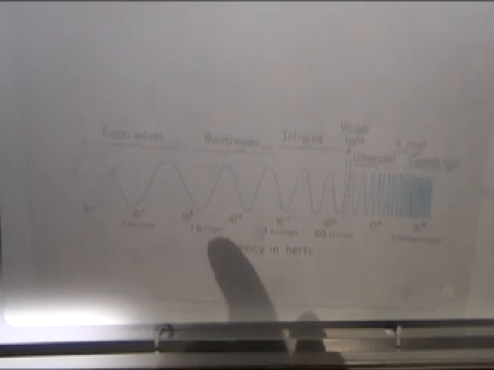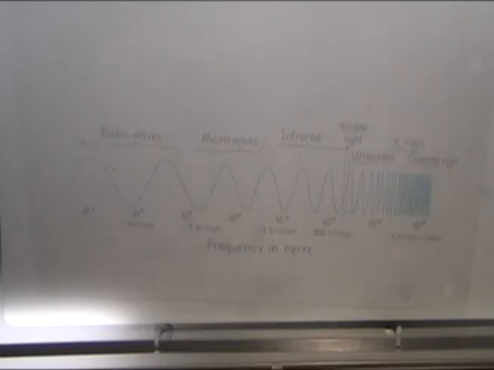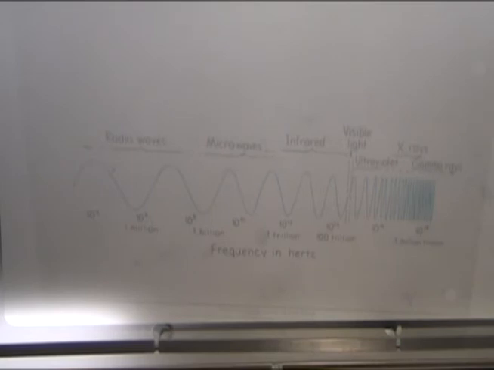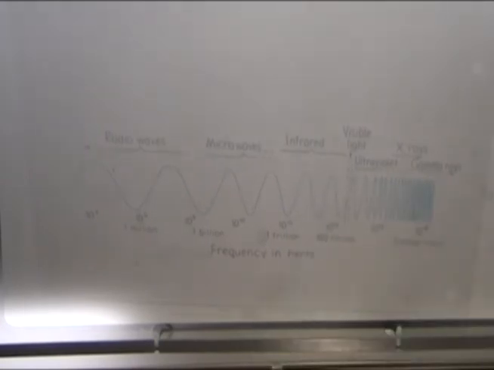Then for a billion hertz, radio waves become microwaves. These are the waves in the microwave oven, in the same frequency range, and it's also the range where cell phones operate. Then if we crank the frequency even further to a trillion cycles per second, we enter the domain of infrared light.